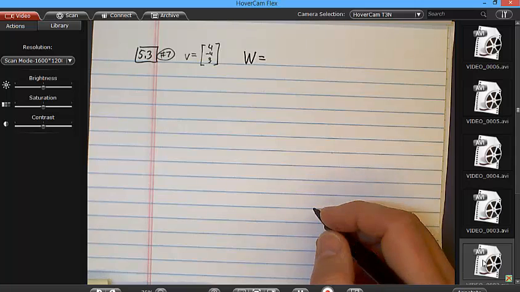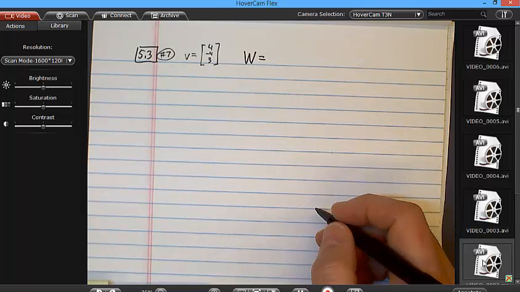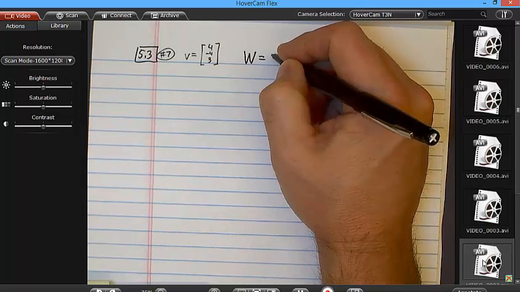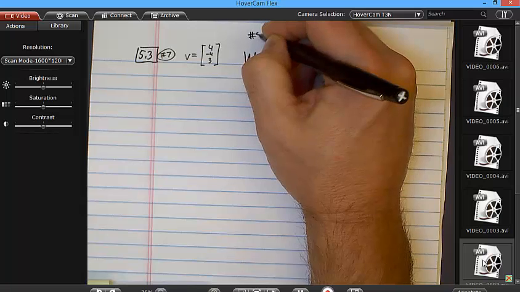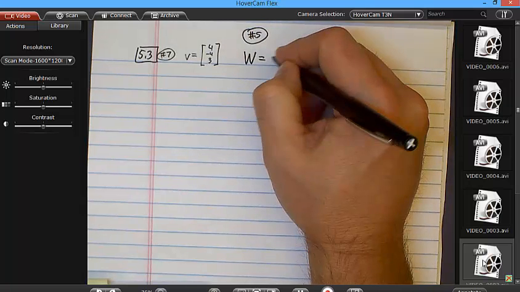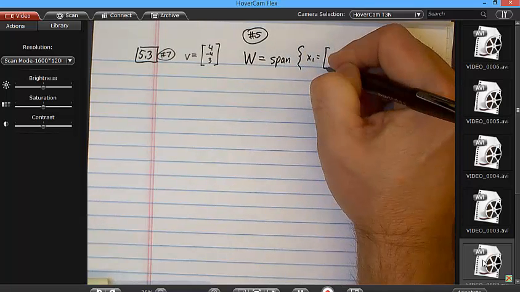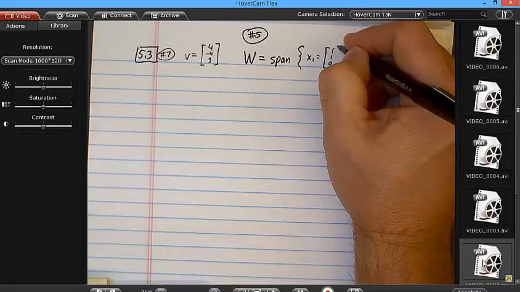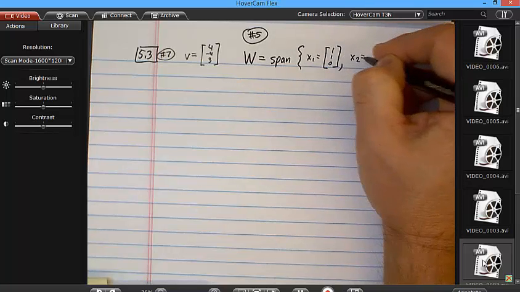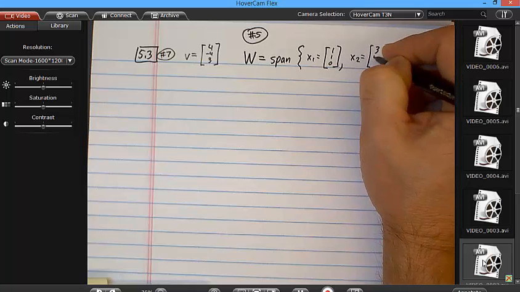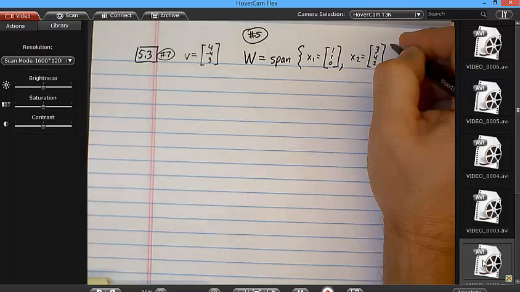So for W, it says the given vectors form a basis for W of R3 or R4. Apply the Gram-Schmidt process to get an orthogonal basis. So in number 5, W is the span of these vectors, X1 equals 1, 1, 0, and X2 equals 3, 4, 2. Okay, so that's W.